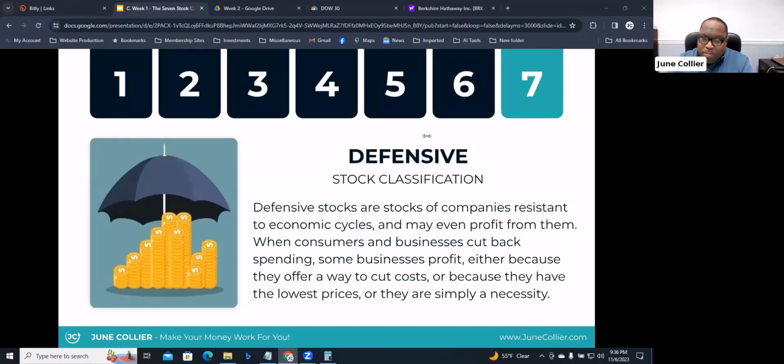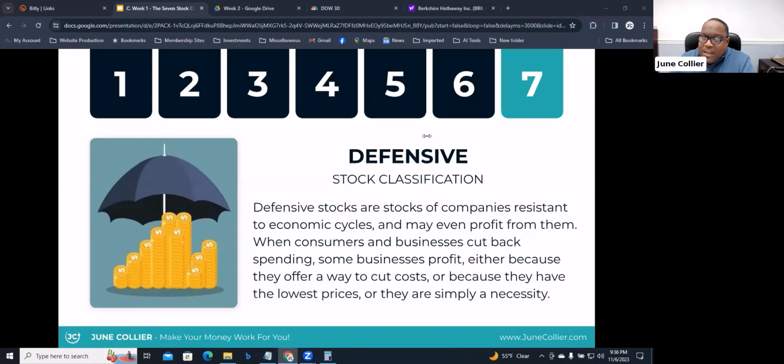Your grocery store would be your, what's the one here in Georgia? You got Publix, you got Kroger. Those are going to be ones that are going to be resistant. Liquor stores, believe it or not, liquor companies, because people drink when they're happy and they drink when they're sad. Healthcare companies, exactly. You get sick, you got to go to the doctor, right?